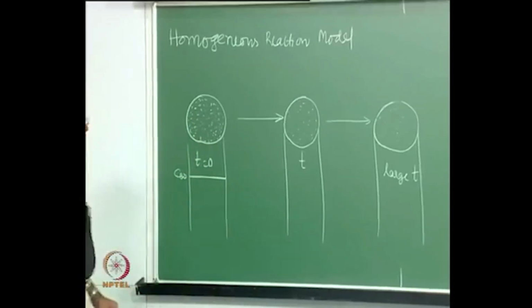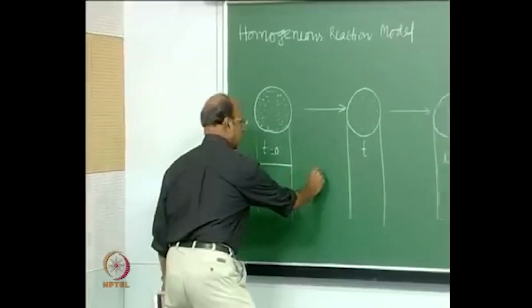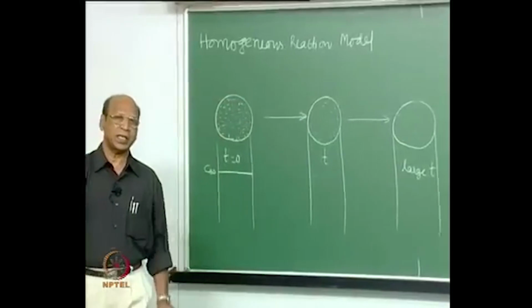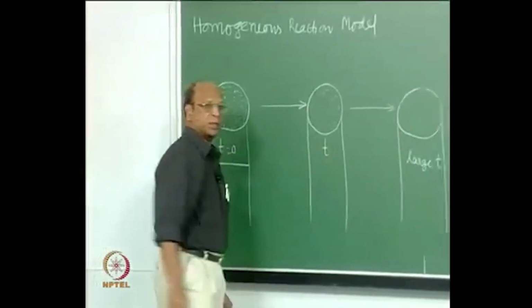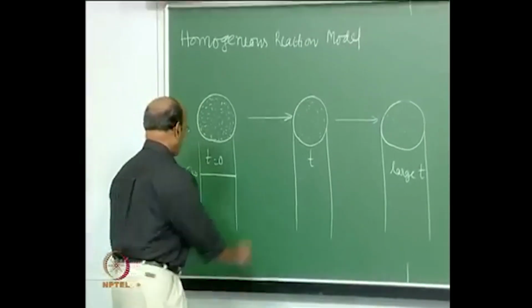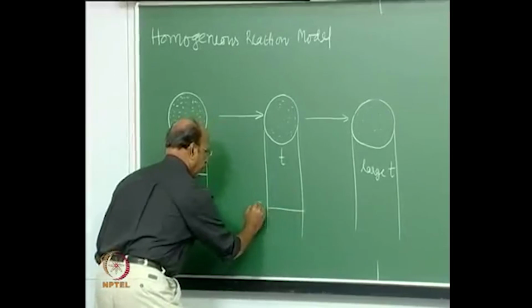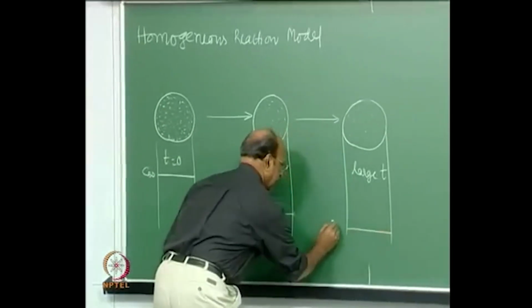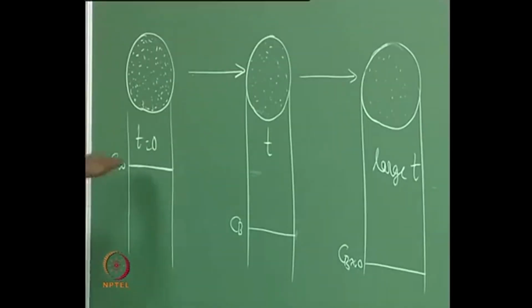If it is truly a homogeneous model, this is CB0, that means everywhere it is supposed to be CB0 throughout. So, after some time t, what do you expect? Not 0 at this point, you will have something below here, this is the CB profile, and after some time it will still go lower, and CB will be 0.